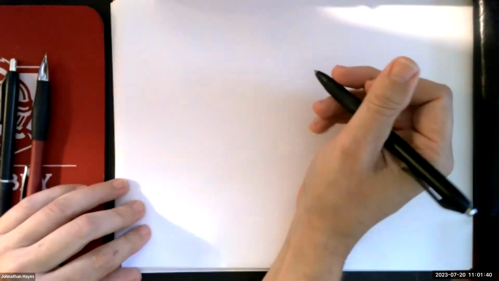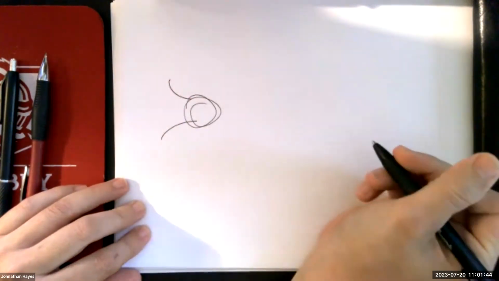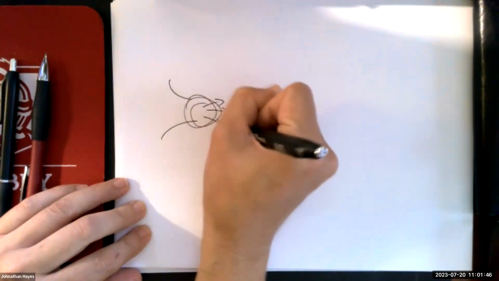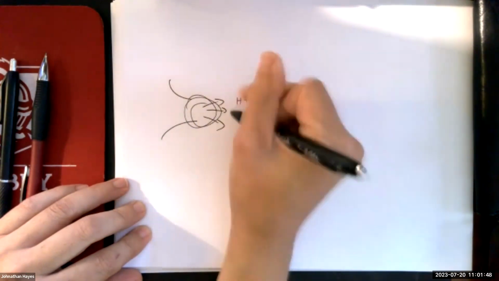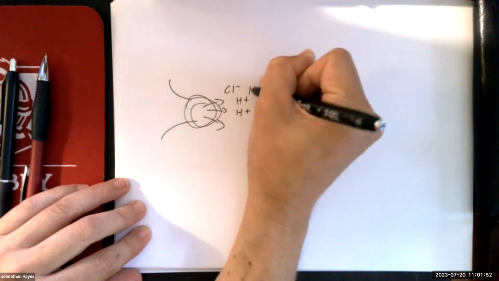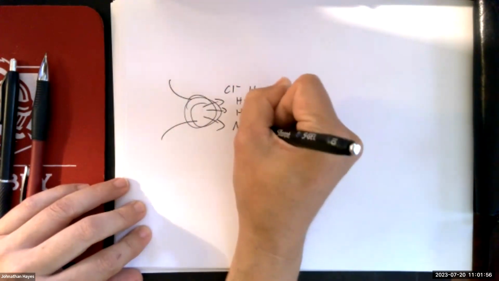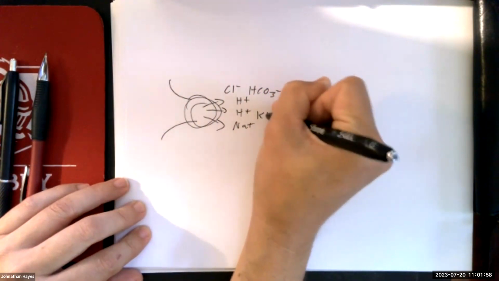Okay. I know that's probably getting mind-numbing, because you've heard it so many times, but let's say here's my glomerulus, and my glomerulus is kicking out everything small. So let's say we're kicking out hydrogens, chlorines and bicarbonate ions, some sodium and potassium, all that kind of stuff.